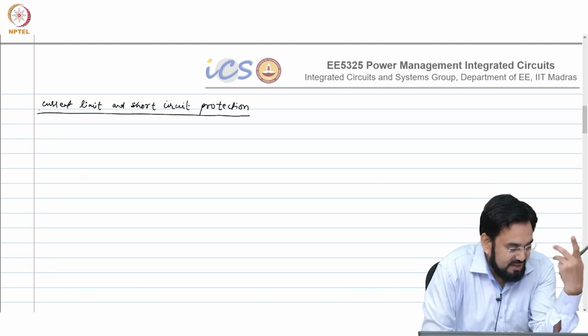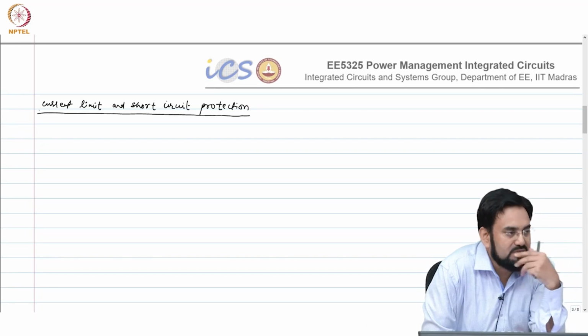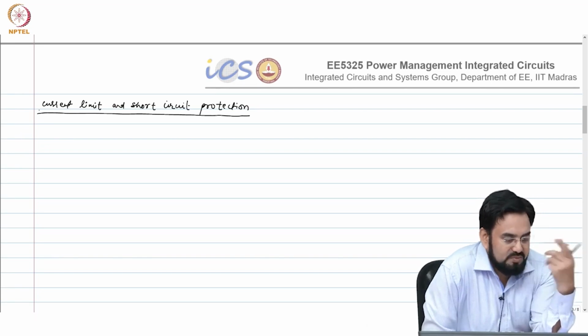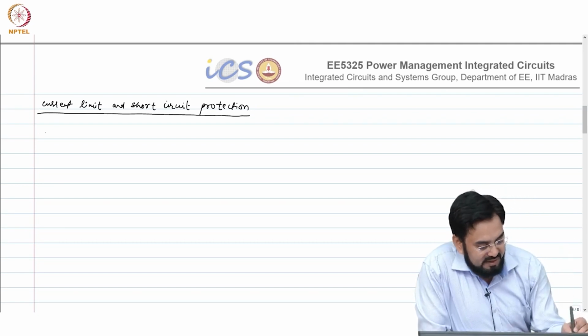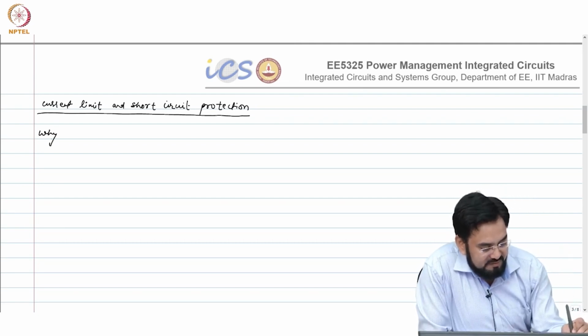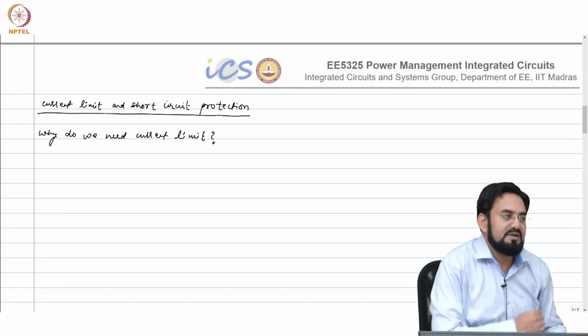In some cases you may have only current limit or short circuit protection. In some cases you may have both. So it all depends on what the requirement is. So why do we need this current limit? Why do we need current limit here?